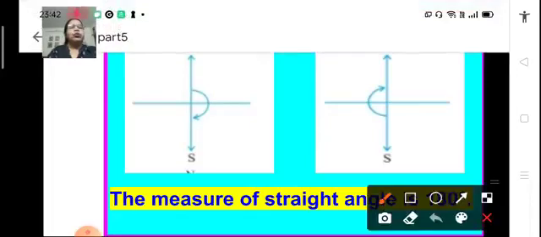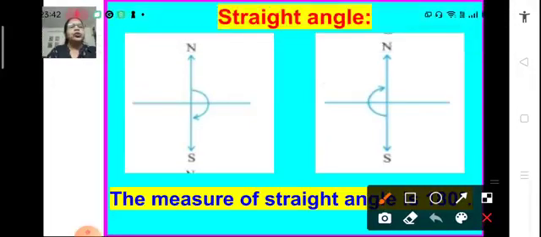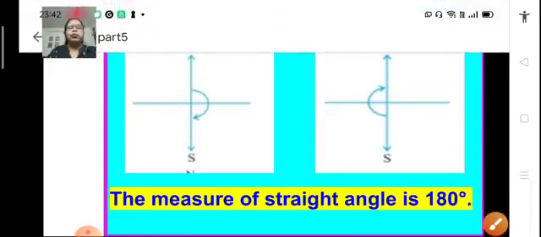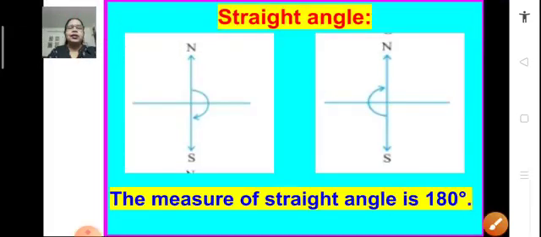Similarly, when we move from south to west in clockwise direction, here one right angle is formed, and from west to north when we move, another right angle is formed. That means to move from south to north, again we move through a 180 degree angle, which is a straight line.